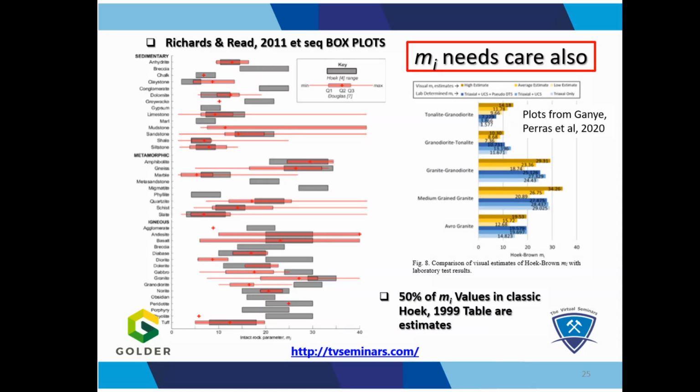Ongoing work by Gagne and Peras and others, based on visual assessment of the granularity of rock types, is starting to yield some good data on realistic variation of MI. But this controls our whole model behavior if we don't get these parameters correct.